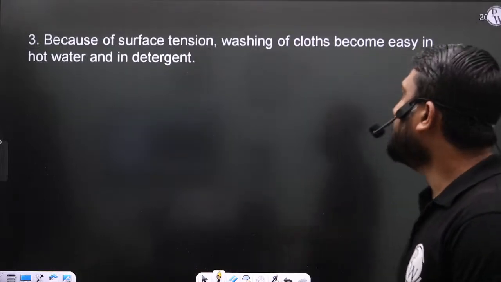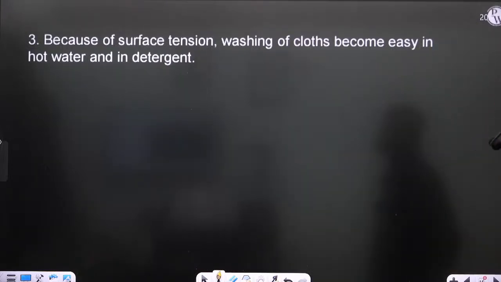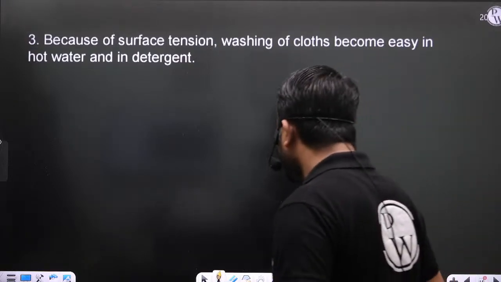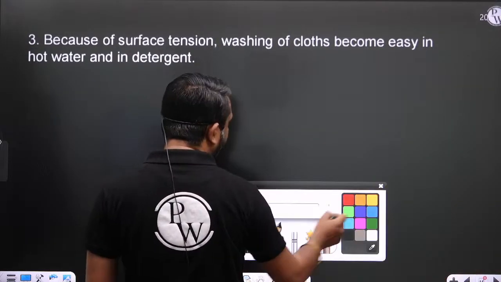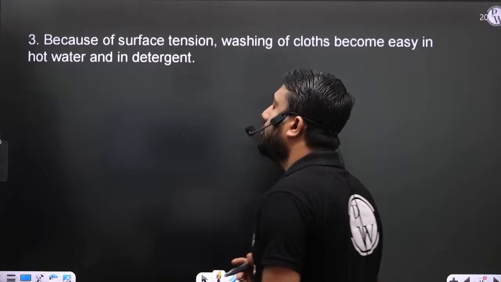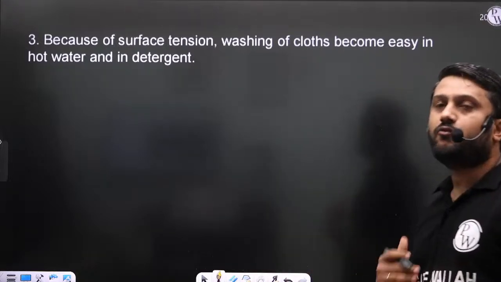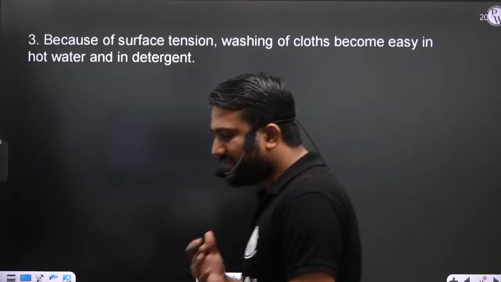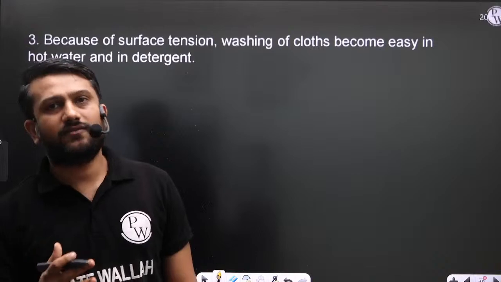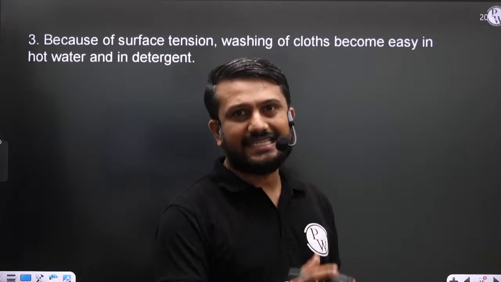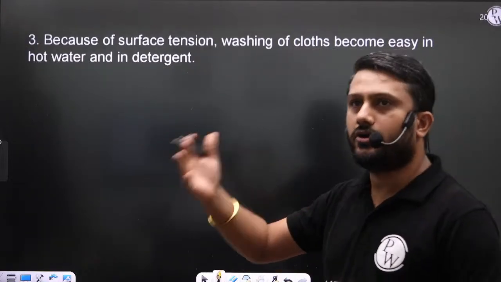Because of the surface tension, washing of clothes becomes easy in hot water and in the presence of detergent. Just tell me, guys, is washing of clothes easy in cold water or in hot water?